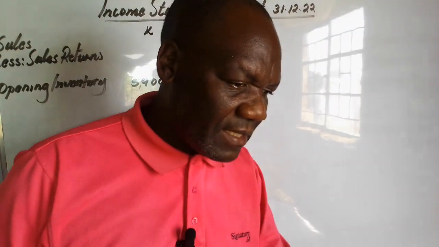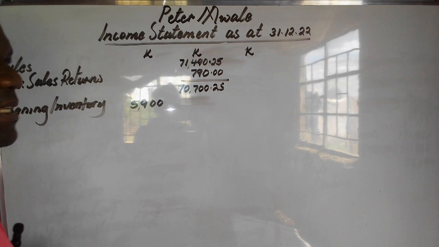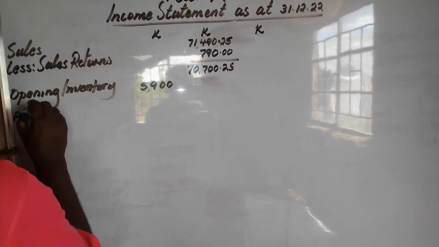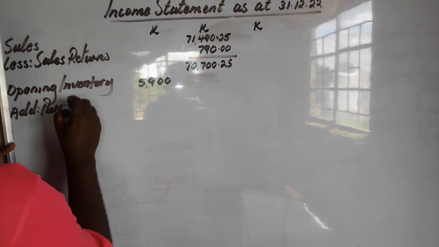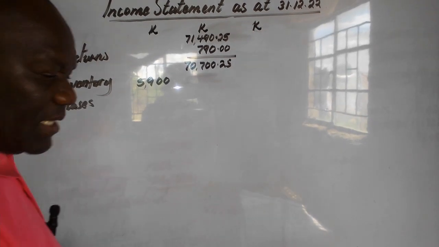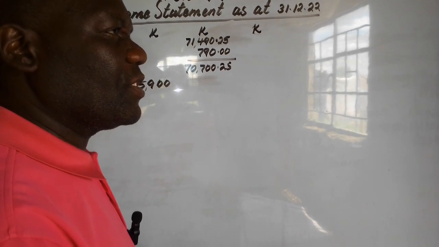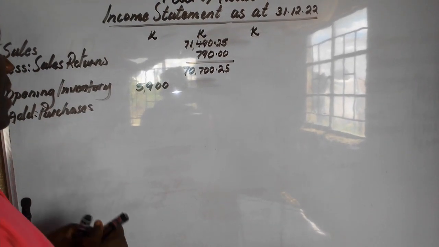Okay, then the next one on the question there, I can see the purchases. So add purchases. The figure for purchases in the question is 29,400.